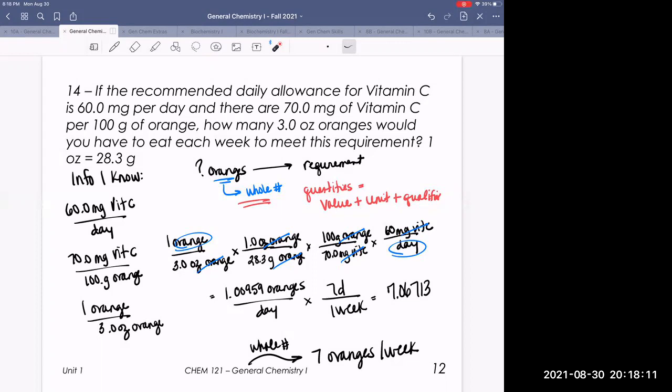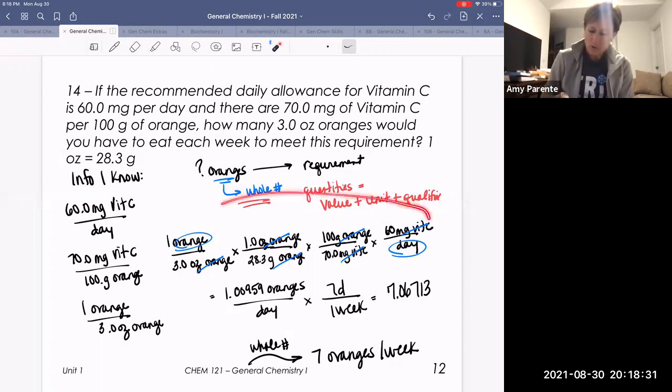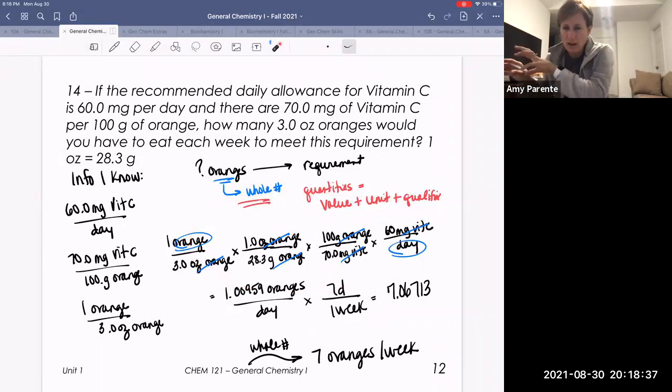3 ounces orange. Yeah. I followed your thought process, but only because I've been doing this problem for I don't know how many years. But that totally works, and I would be able to follow that. Now the challenge is if you didn't get the right answer, it might be hard for me to follow your thought process because I don't know if you had it set up with a number of unit conversions or you did these little mini calculations that led into one another.